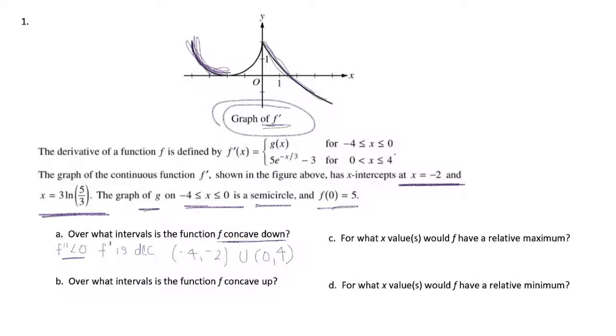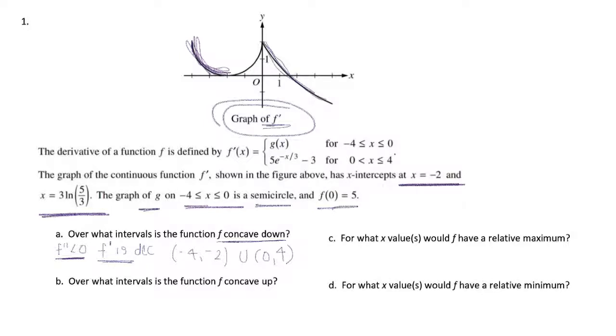So there's our interval where f is concave down. Again, for concave down, our first thought should be second derivative less than 0, but we can't just use that and pick our answer. We're going to have to relate that to f prime.